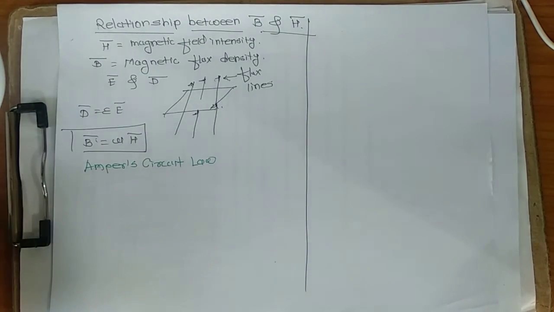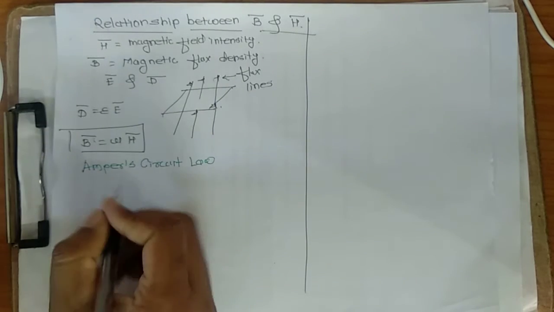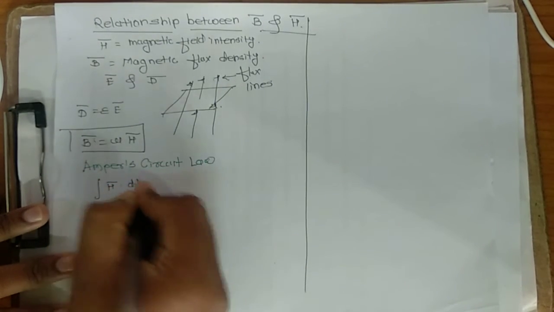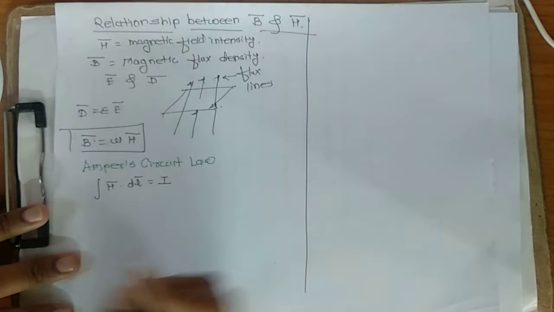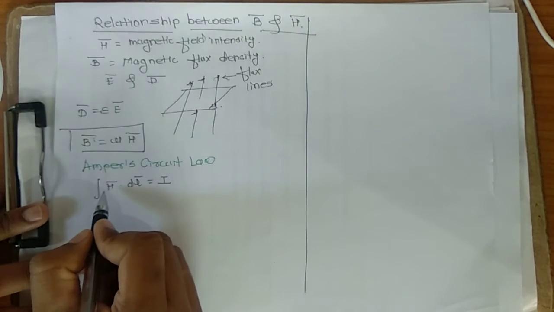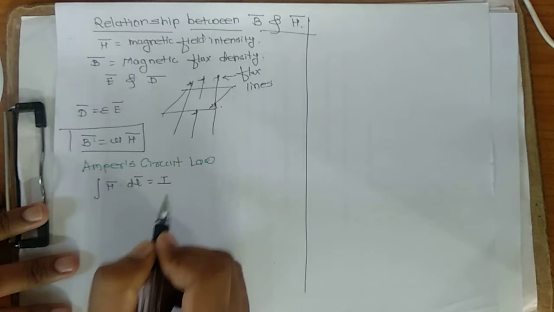So what is Ampere's circuit law and what is the derivation for that? The closed line integral of H bar dot dl bar is equal to I. H bar dot dl bar means for a differential length, the magnetic field intensity is equal to the total current passing through it.